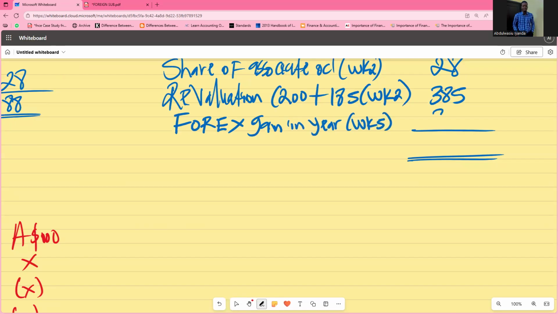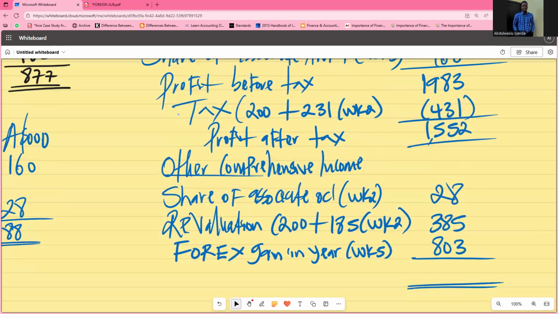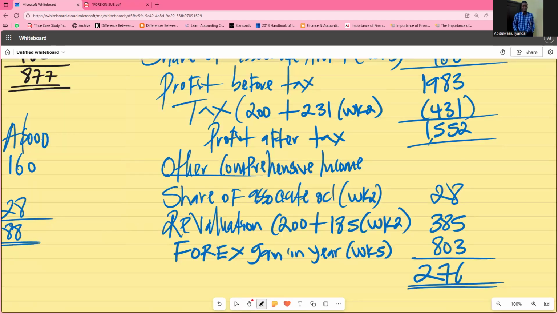And that is 803. So you can now add what's our total comprehensive income. Bring your calculator: 803 plus 385 plus 28 plus 1552. So that's 2,768.